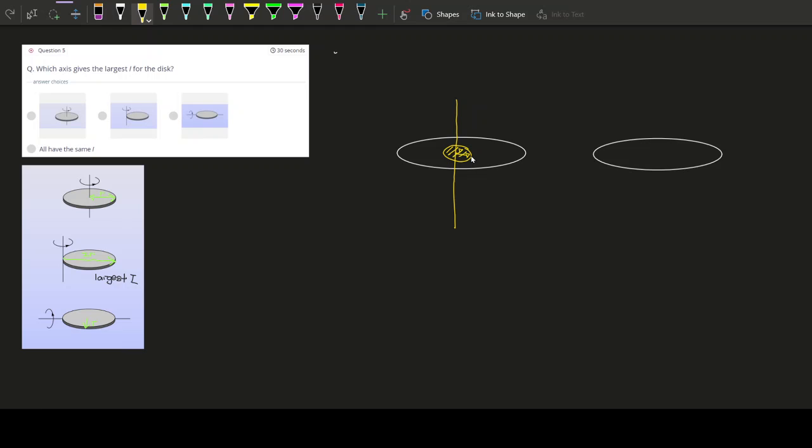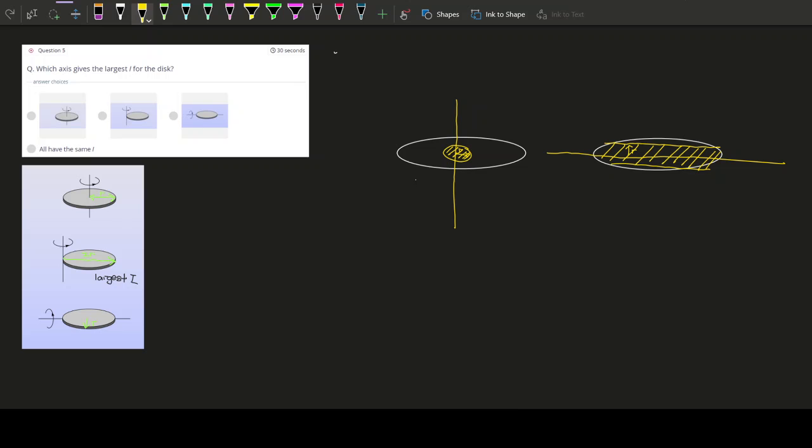There's this much mass near the distance of r. But if you choose your axis of rotation to be here, then the distance r will probably cover this much of the mass. So that's much more mass being near the axis of rotation actually.